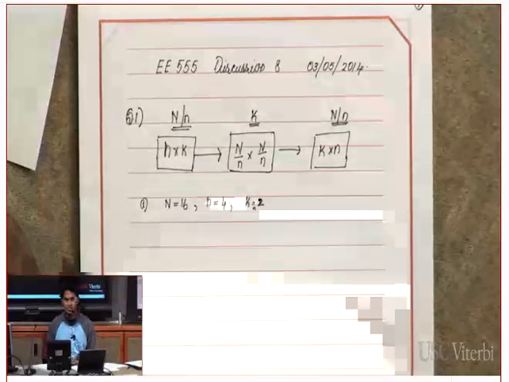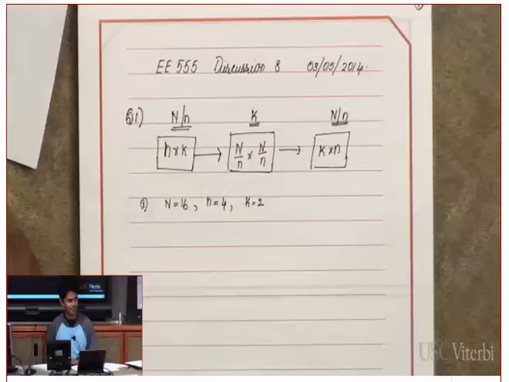Okay, numbers. It's really simple, right? You have two stages in the middle, and n is 4. So you have 4 switches in the front, and 4 here. So give me a number.